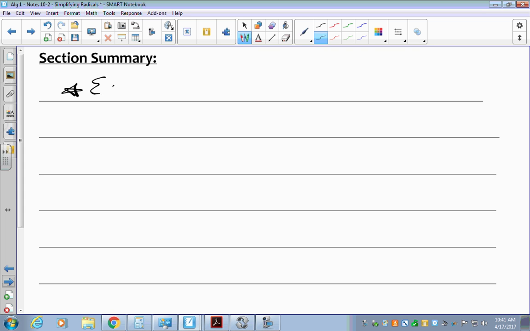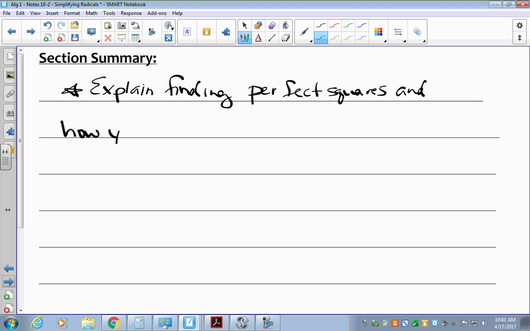So make sure you explain finding perfect squares. And how you simplify the radical expression.